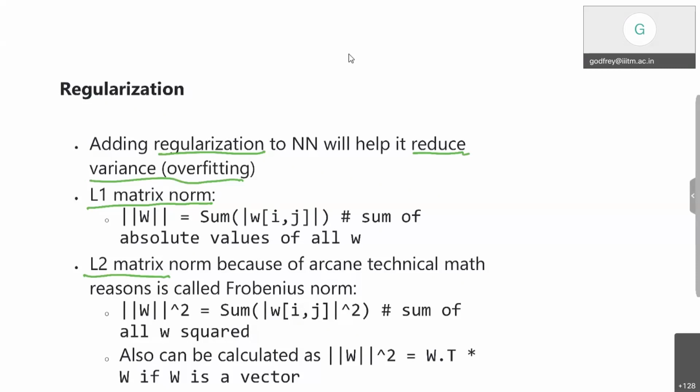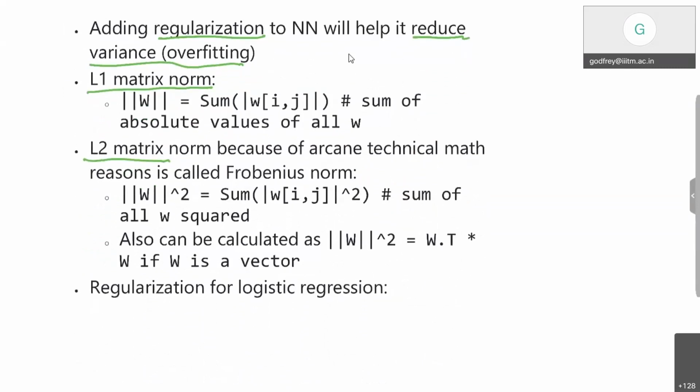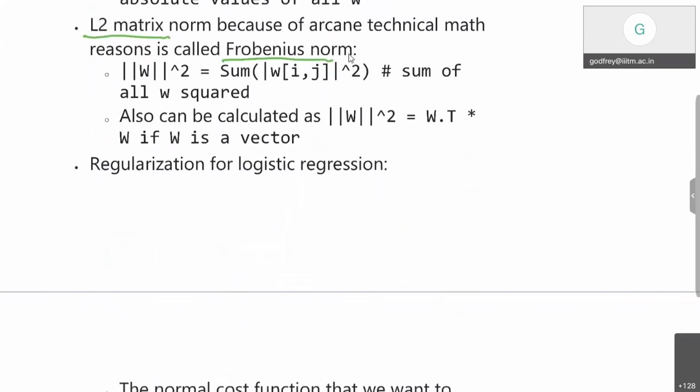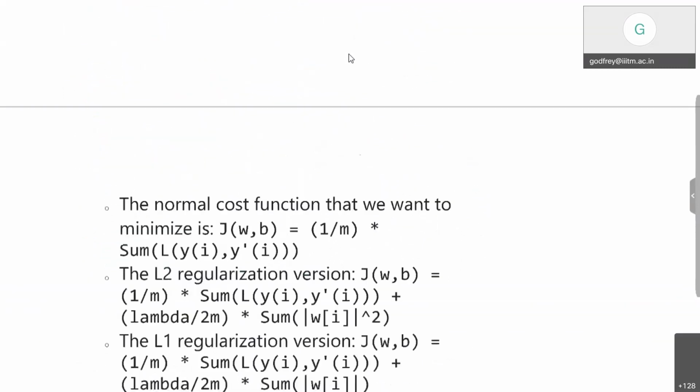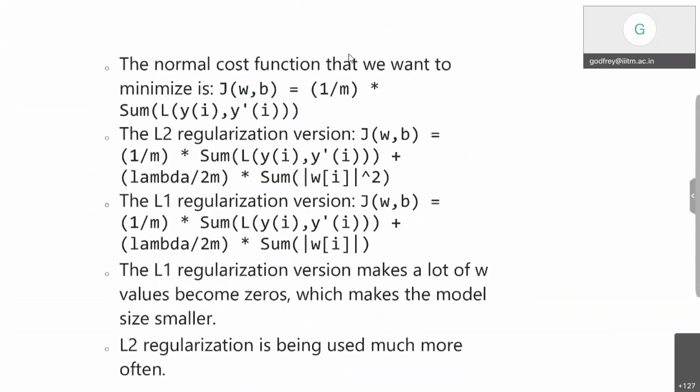If you use an L2 norm, you also call it the Frobenius norm. In order to do regularization, you make changes with respect to the cost function.